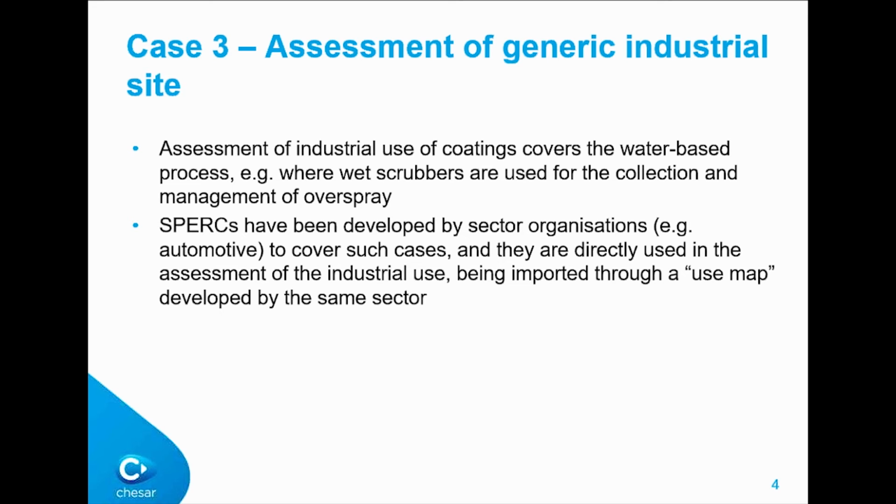In this case, a SPERC has been developed by a sector organization, for example the automotive sector, to cover such cases. And they are directly used in the assessment of the industrial use as being imported through the use map developed by the same sector.